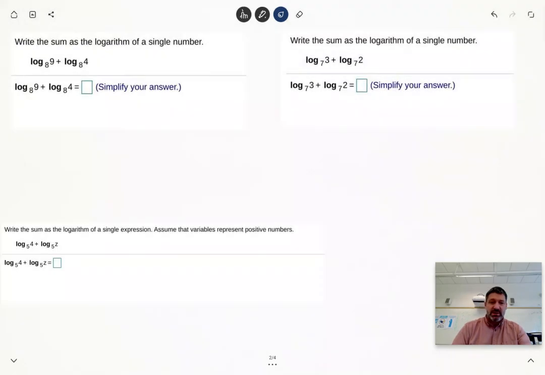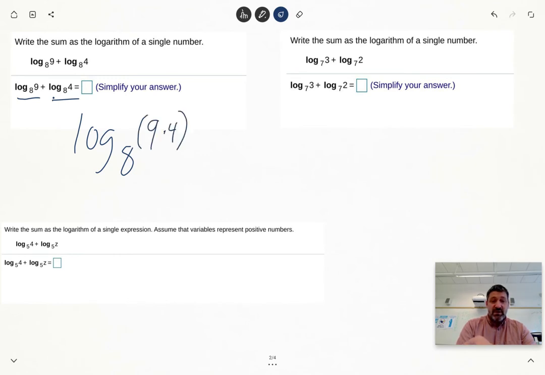If we have log base 8 of 9 plus log base 8 of 4, remember those are exponents being added together, which means we're actually multiplying the numbers. So it would be log base 8 of 9 times 4, or log base 8 of 36.